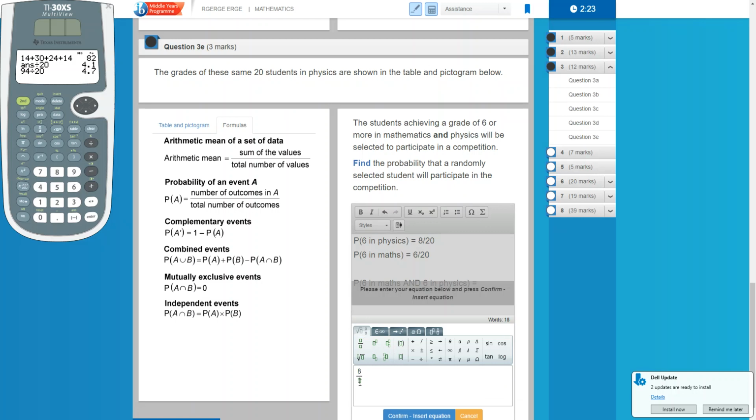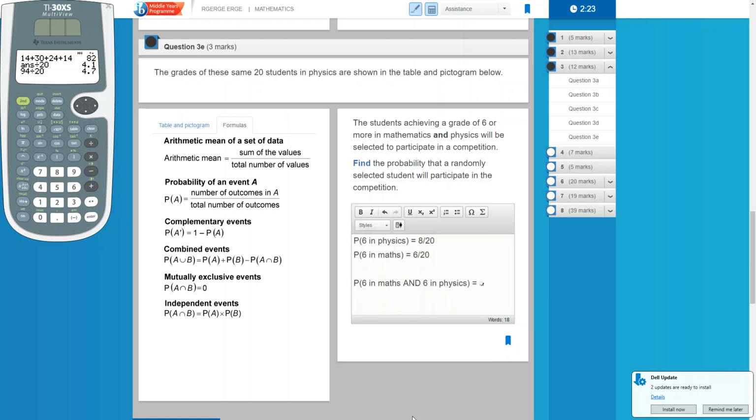8 over 20 multiplied by 6 over 20. And again, we can put that in our calculator. 6 eights are 42, 42 over 400.